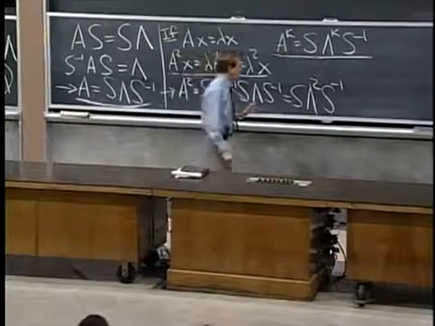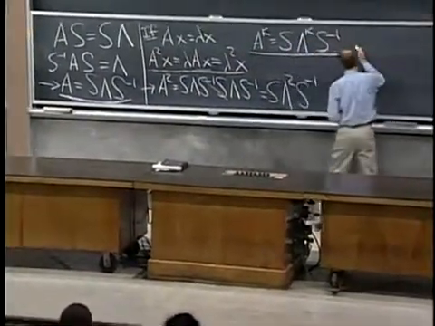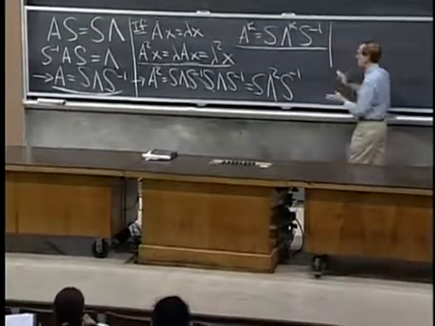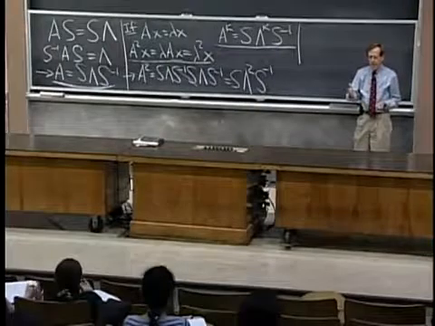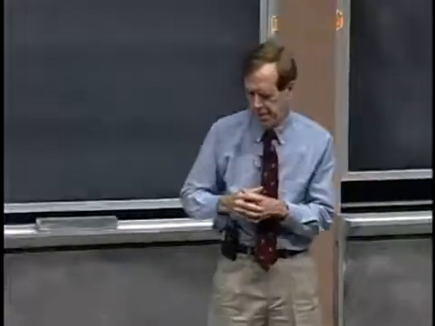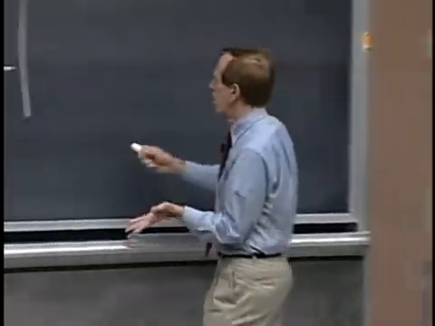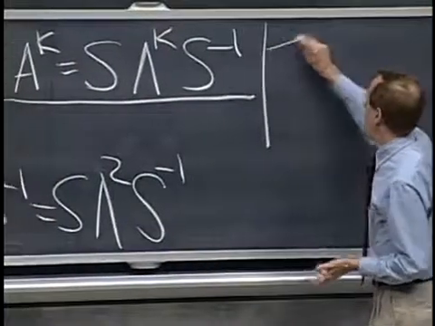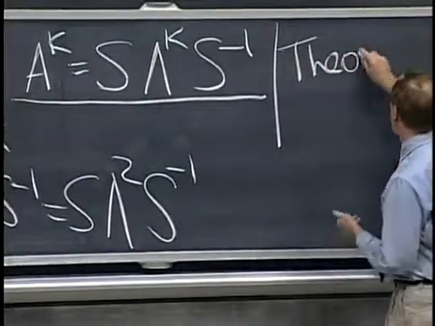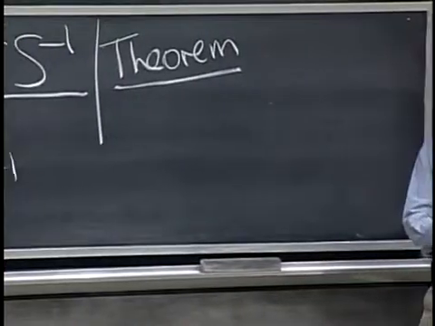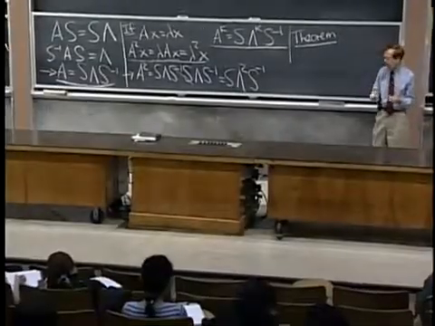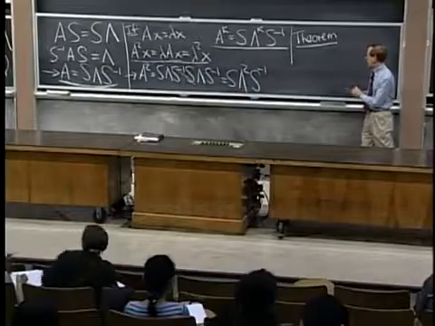For example, when do the powers of a matrix go to 0? I would call that matrix stable, maybe. So I could write down a theorem. I'll write it as a theorem just to emphasize that here I'm getting this great fact from this eigenvalue picture.